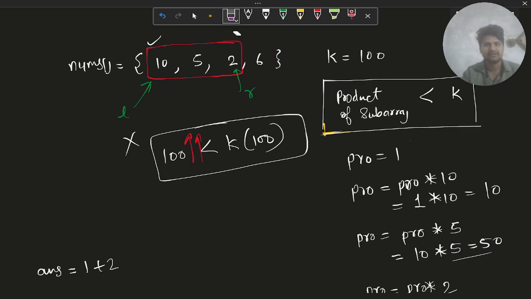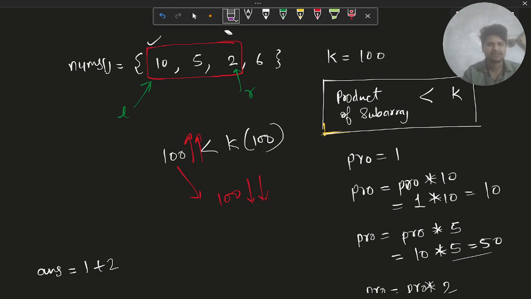After shrinking the window, this 100 is going to decrease. So it may or may not satisfy this condition, but we have to decrease this to meet the condition which is given in the problem.